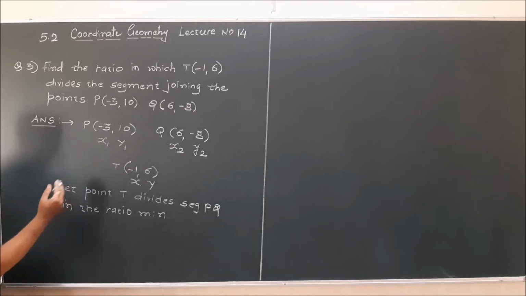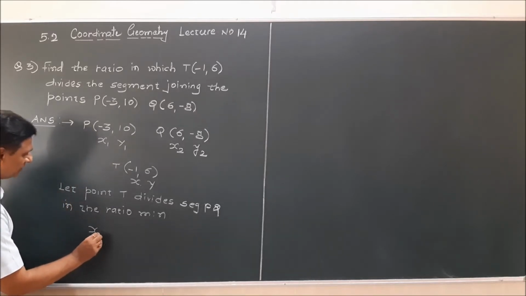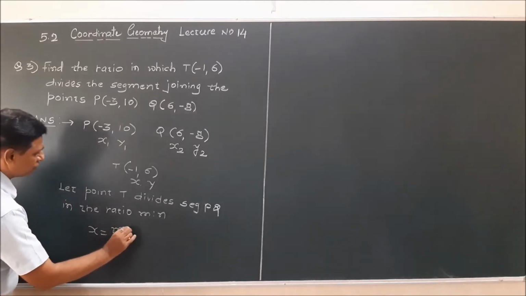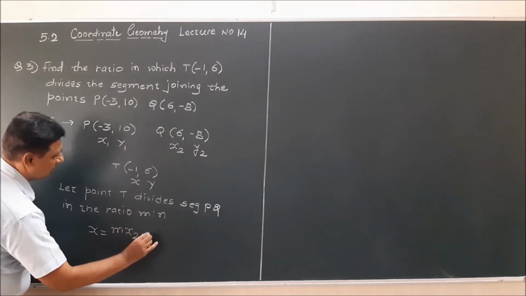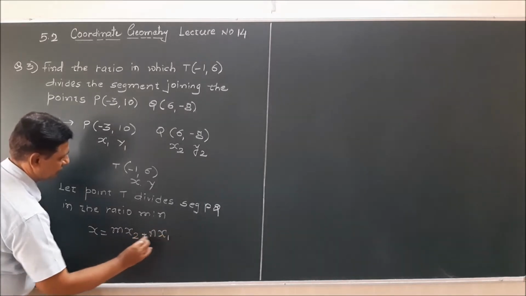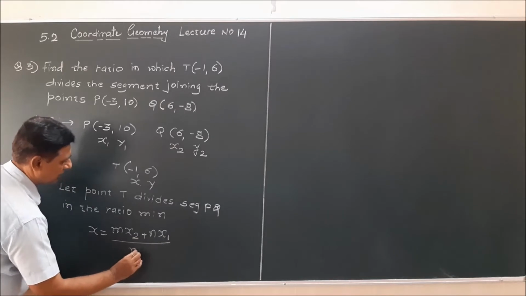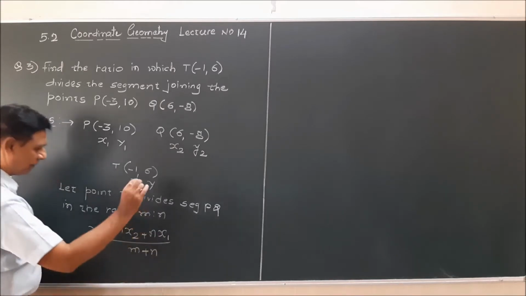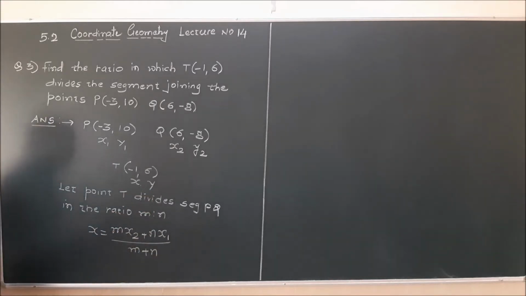So x is equal to, same formula, (mx2 + nx1) upon (m + n). But what is the difference?